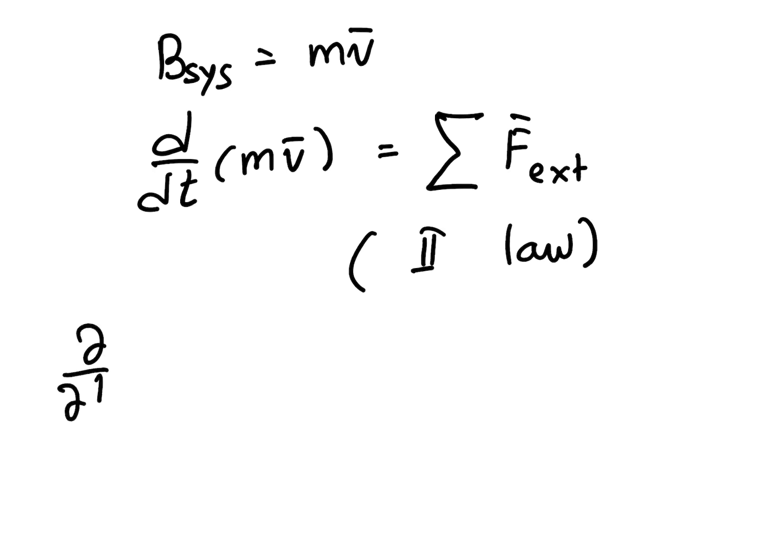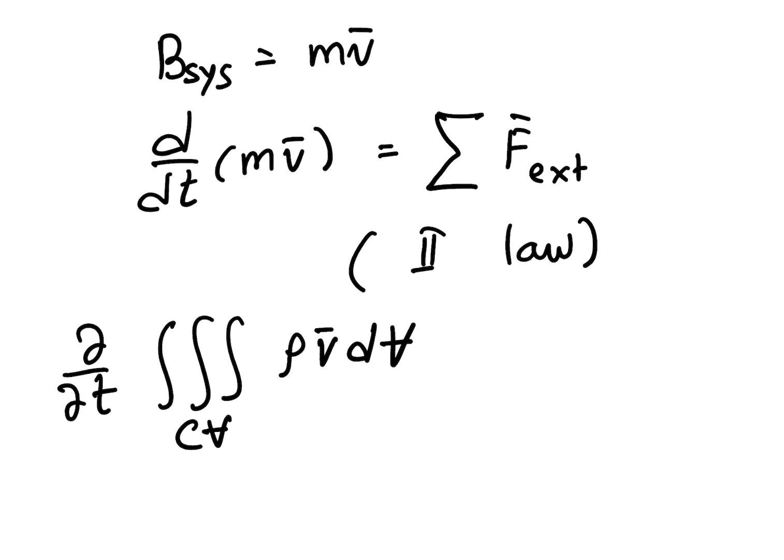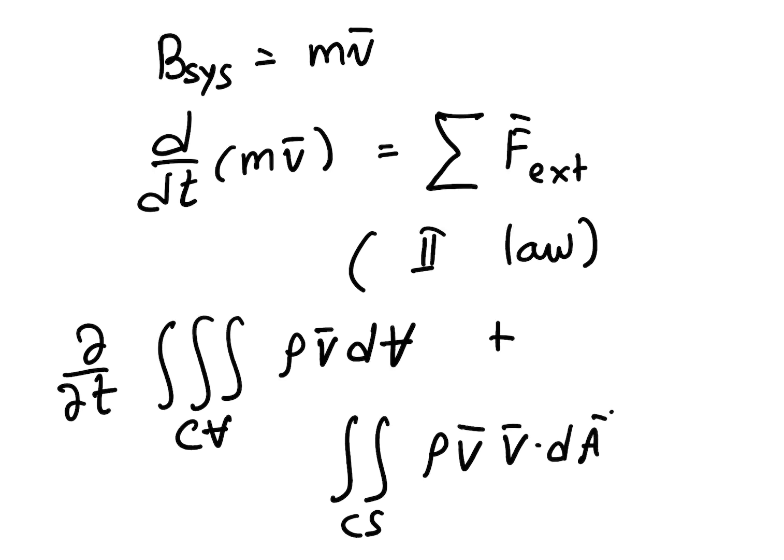So on one side we have d over dt of the integral of the density times the velocity dV plus the integral over the control surface of rho v v dot dA, and this is equal to, whereas for mass conservation the right side was 0, in this case the sum of all the external forces. Okay, so this is the broadest statement that you can make for the conservation of linear momentum over a control volume.